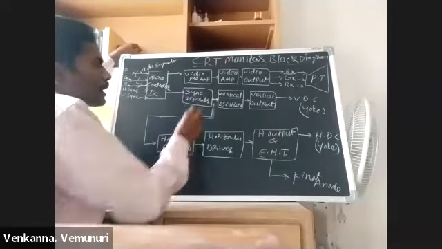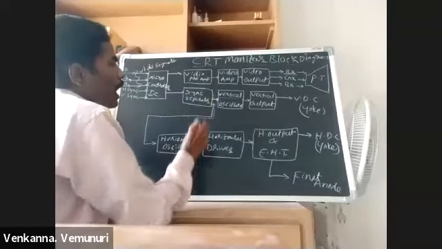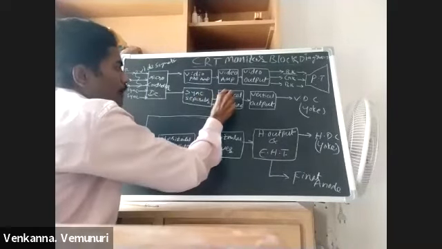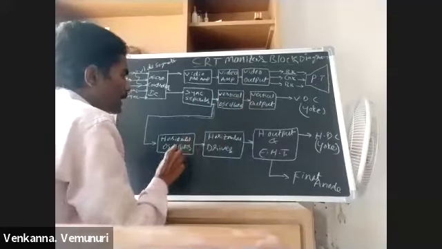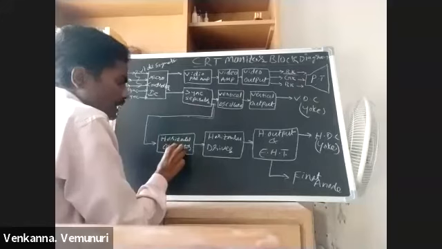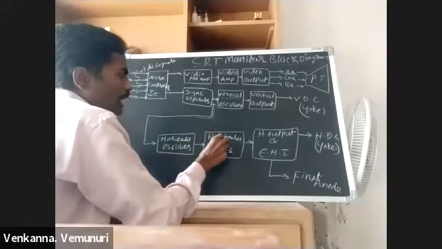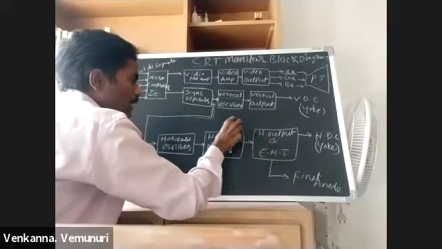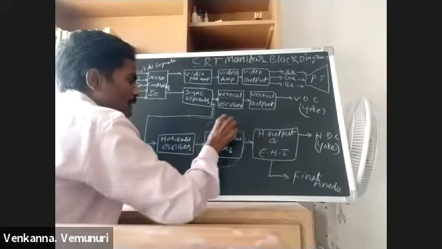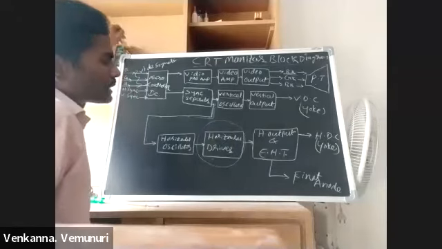Now here we observe, after the sync separator, the vertical oscillator section, next the vertical output section. But here the horizontal oscillator section, next the horizontal driver section, next the output section. Why are we using this horizontal driver section?